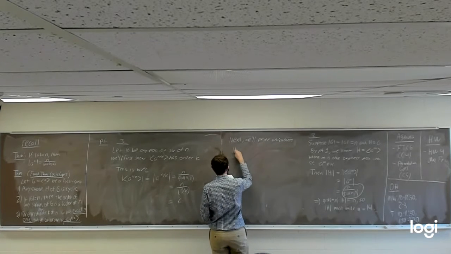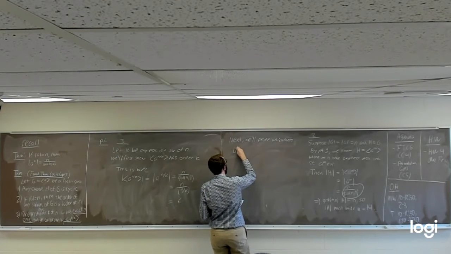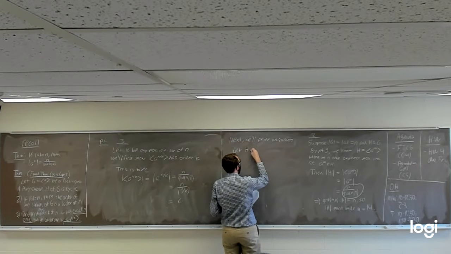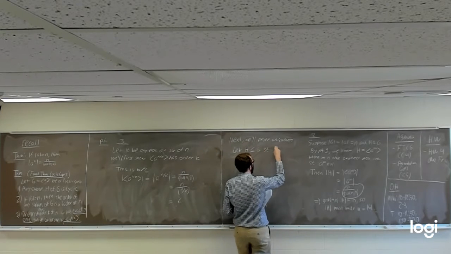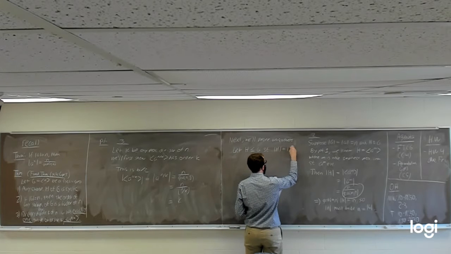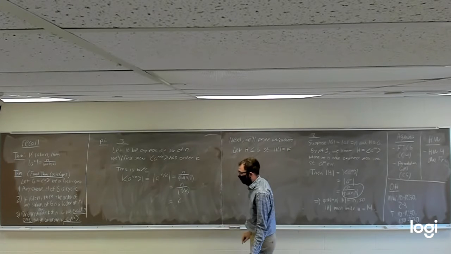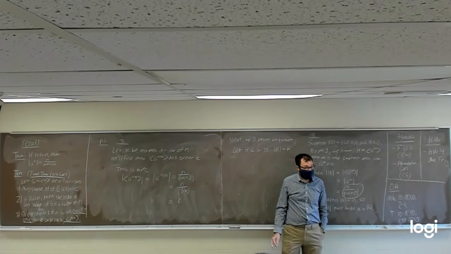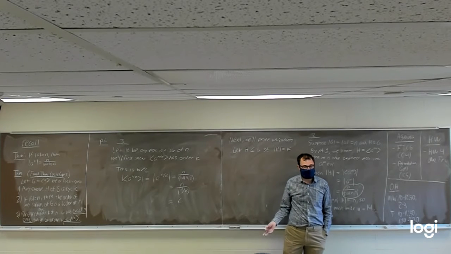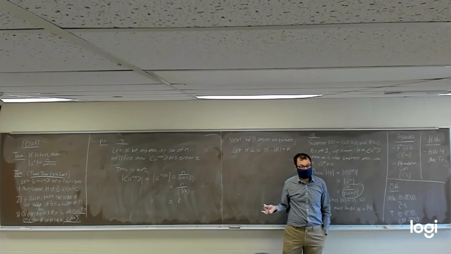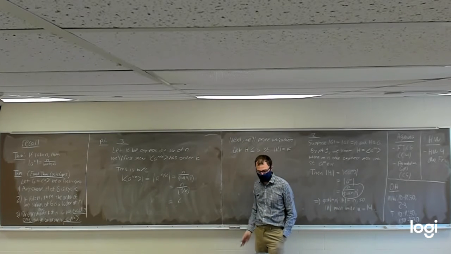First of all, we're going to let H be a subgroup of G such that the order of H is equal to k. Our goal is, if we take an arbitrary subgroup of order k, to show that it has to be equal to the group generated by a to the n over k.